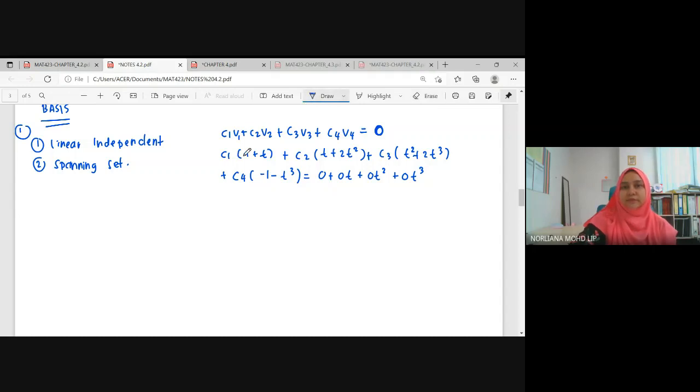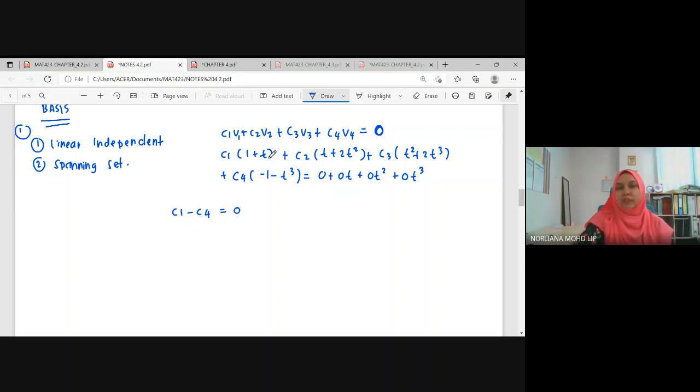Okay, so c1 untuk constant. c2 tak ada constant. So 0 lah, 0 c2. c3 pun tak ada constant. c4 ada constant. So negative c4. First equation is for constant. So equal to 0.